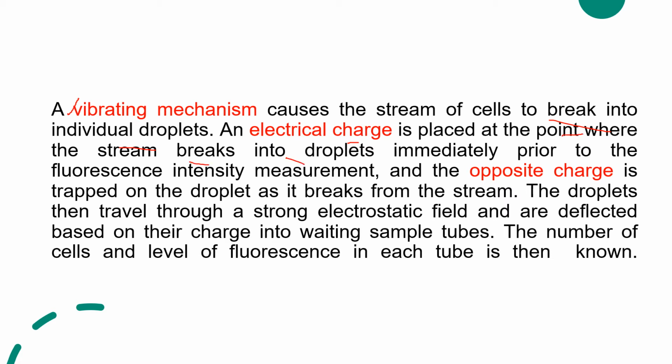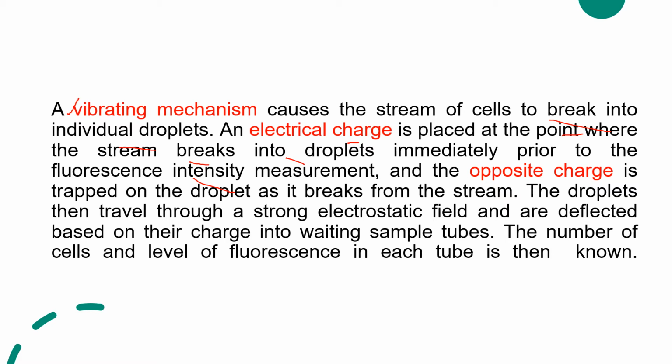It happens prior to the fluorescence intensity measurement. So a vibrating mechanism breaks the stream into single droplets, and after that an electrical charge is placed to provide charge on the cells of our interest.